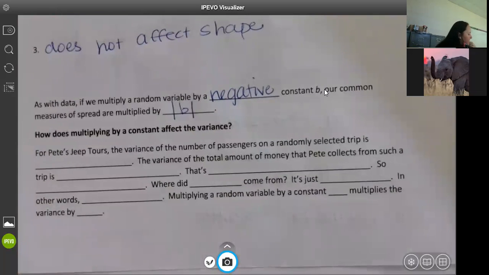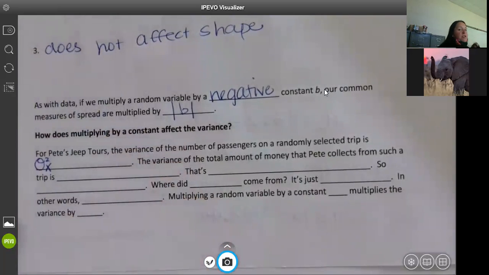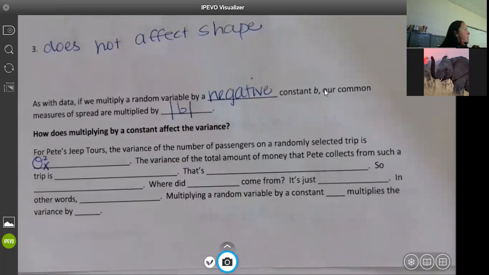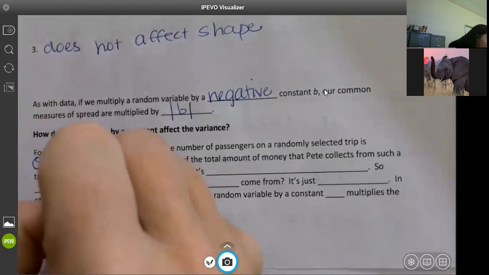All right. How does multiplying by a constant affect the variance? For Peach Jeeps tours, the variance of the number of passengers on a randomly selected trip. So this is just talking about the variance in general. We already talked about the mean and the standard deviation, so we're going to talk about the variance, which is 1.1875.